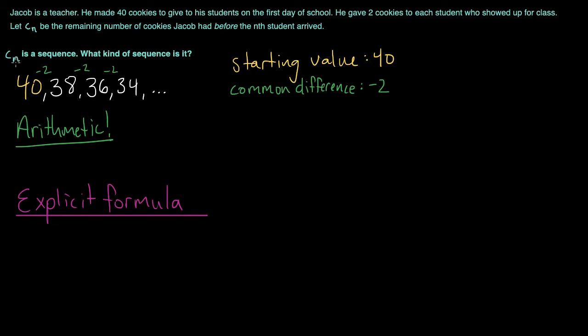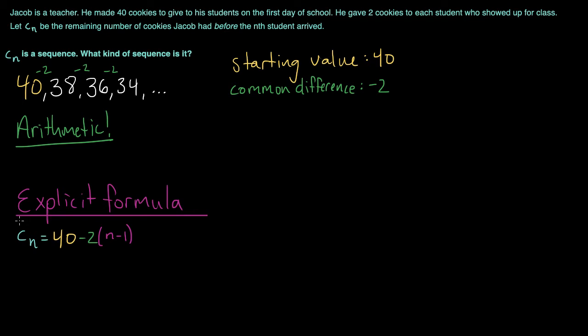So remember, we named the sequence C sub n. And so C sub n is equal to whatever our starting value is, which is 40. And then remember, we're subtracting 2 at each step. So subtract 2, and then we multiply that by n subtract 1.